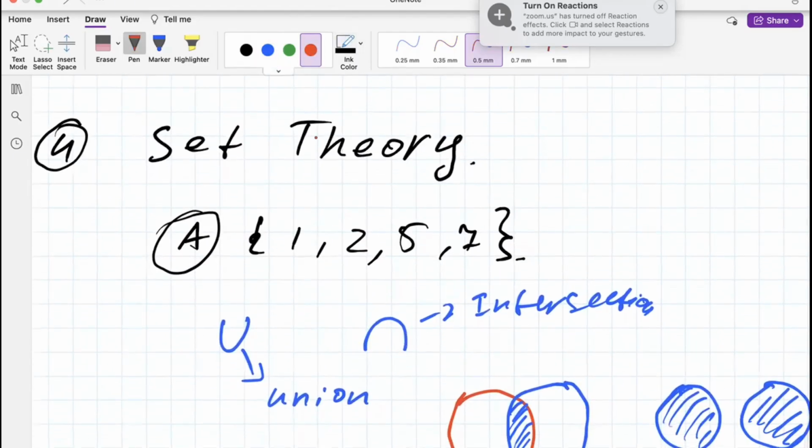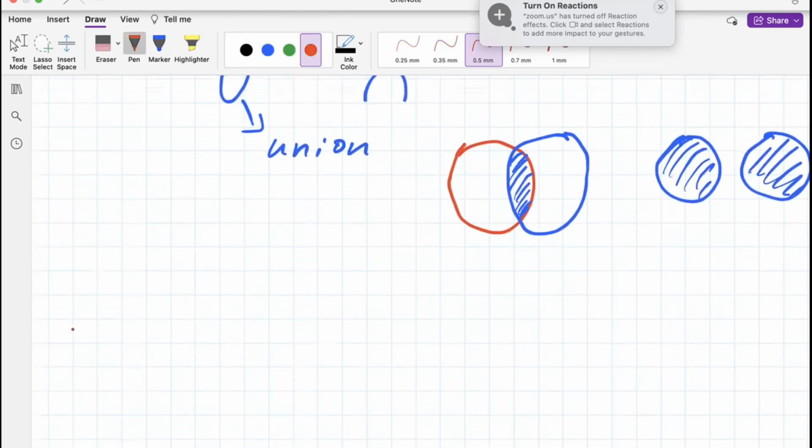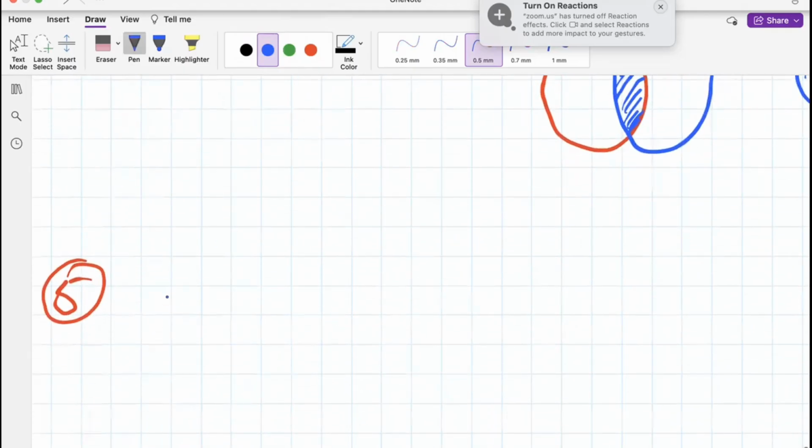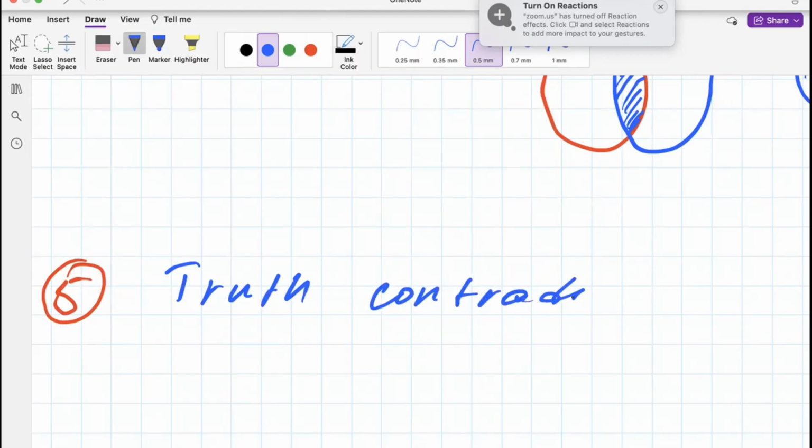Okay, once you've done with sets, the next level would be the level of, let's say, truth and contradiction, I would say. Let me write truth contradiction.